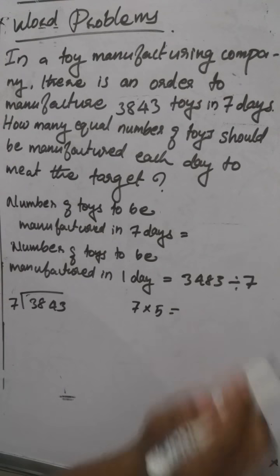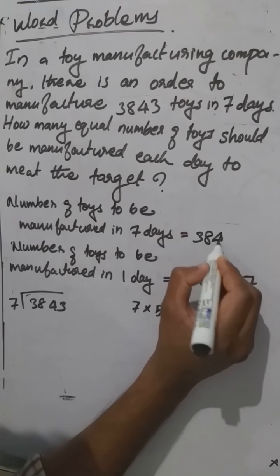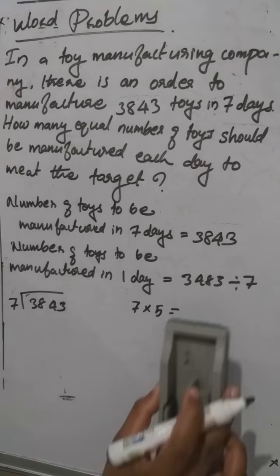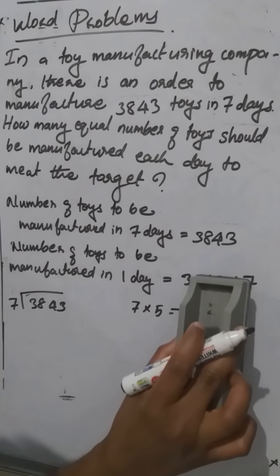There are 3,843 toys. So you have to make the correction.